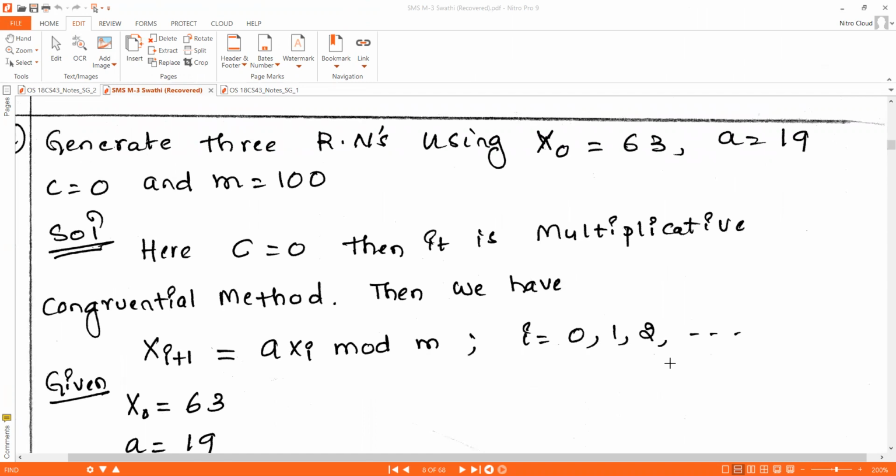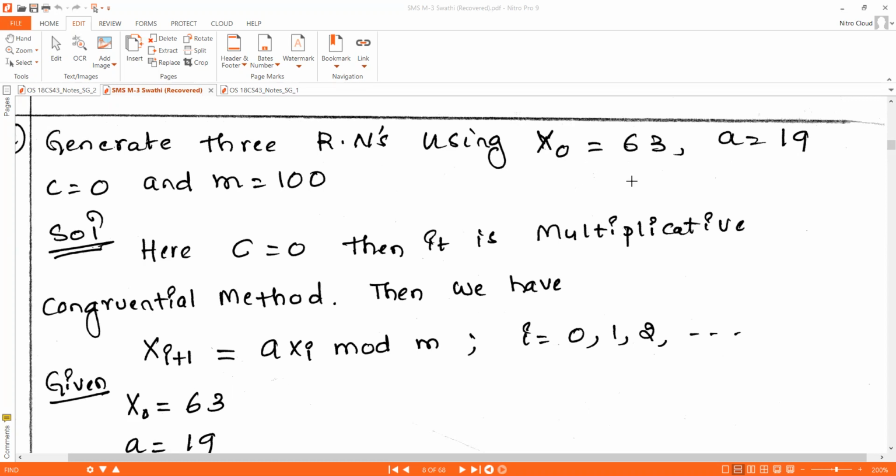Here the problem is given like this: generate 3 random numbers using x naught equal to 63, that is the seed value, a equal to 19, c equal to 0, and m equal to 100.